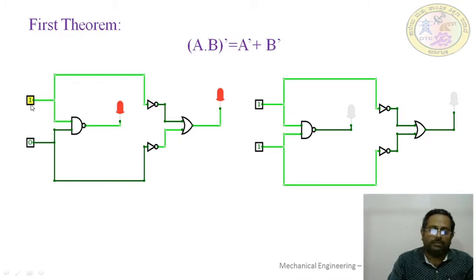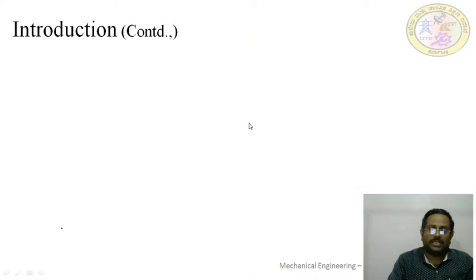For an input 1 0, the output at LHS is 1 and RHS is also 1. For an input of 1 and 1, the output at LHS and RHS should be 0 0. In the same way, we can test different combinations of inputs to verify the truth table and to prove the first theorem. Next, we'll see De Morgan's second theorem.